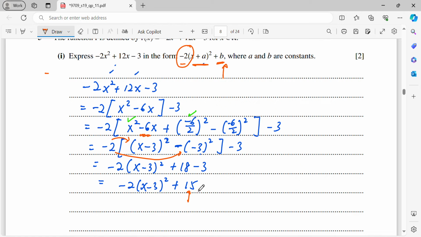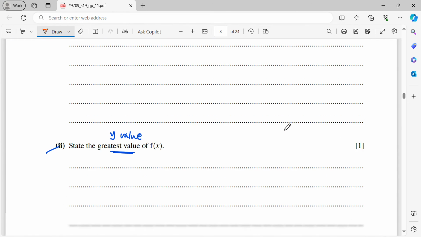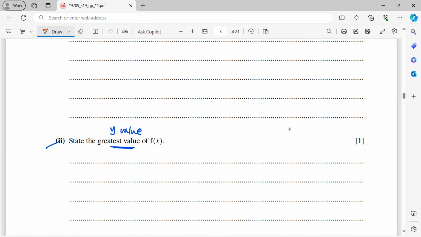This is the y coordinate of the maximum point. That is also the greatest value of f(x). So I will just write greatest value of f(x) equals 15. Okay, so that's all for part 2.